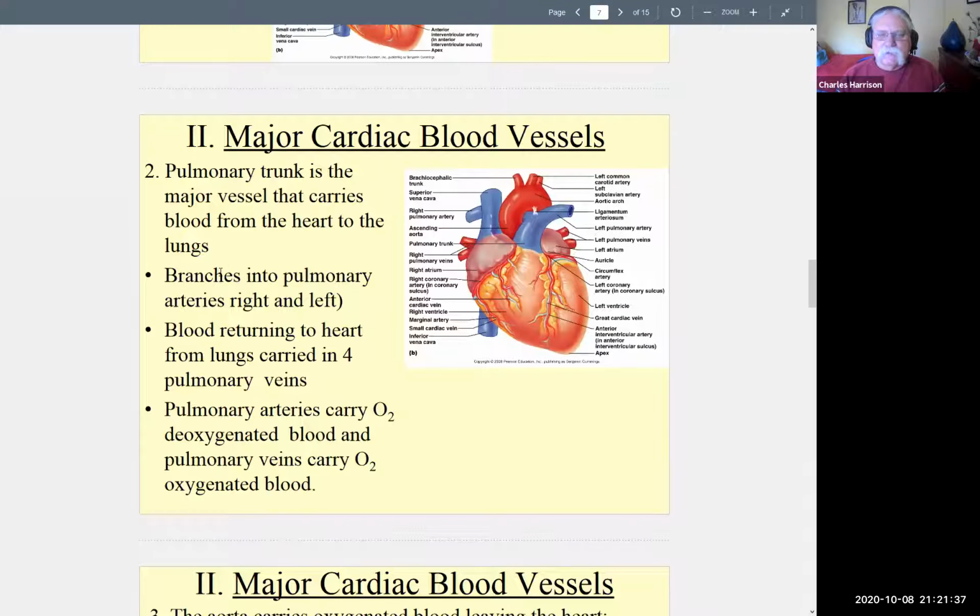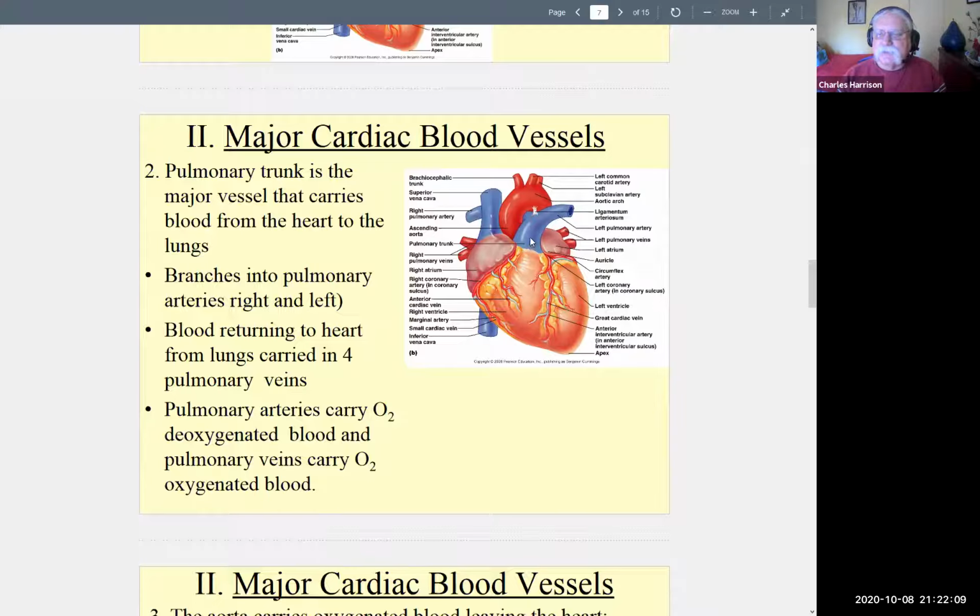The pulmonary trunk is a major vessel that carries blood from the heart to the lungs. Here's the pulmonary trunk. We're going to see in a moment that the blood that entered from the vena cava to the right atrium went down to the right ventricle and then out through the pulmonary trunk. The pulmonary trunk subdivides into two pulmonary arteries. Here's one, here's the other.